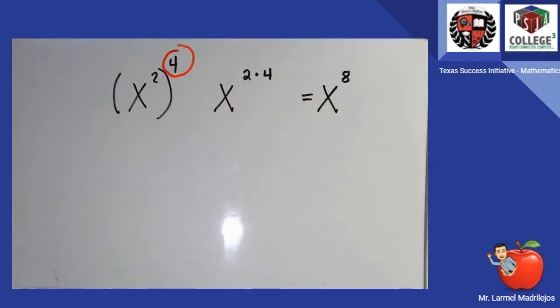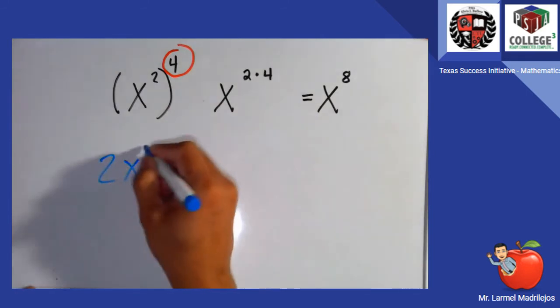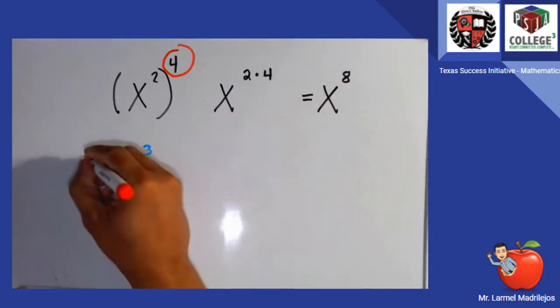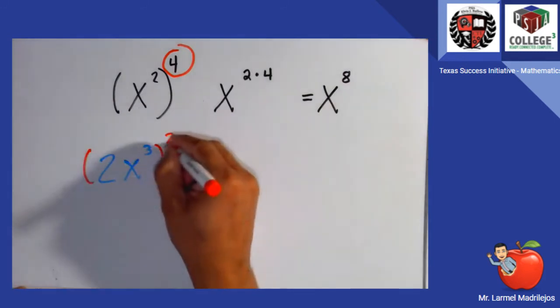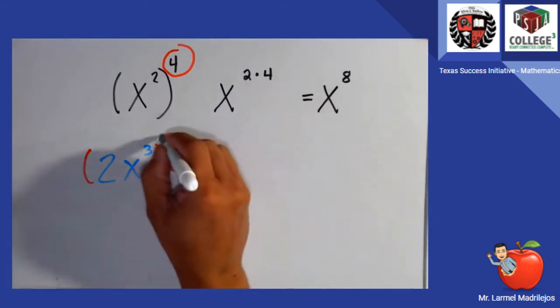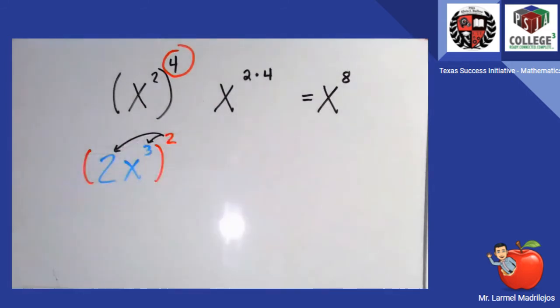Let's do another example here. 2x raised to 3, raised to 2. Okay, it's also the power rule, but we're going to distribute the 2 to the coefficient and to the exponent.